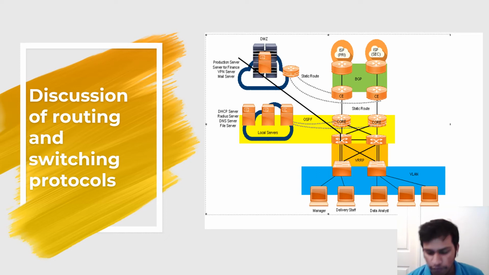Now VRRP, Virtual Router Redundancy Protocol, helps if the active router does not work. It acts as a backup router and will connect to the server if the active router does not work.